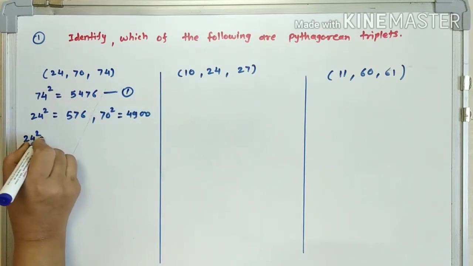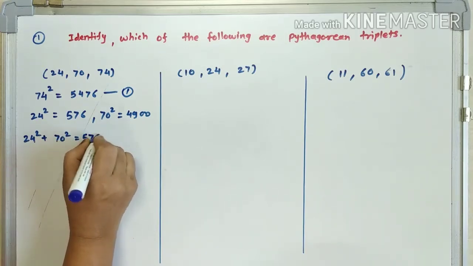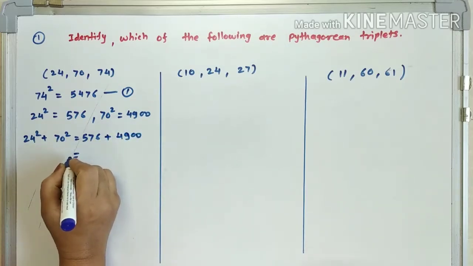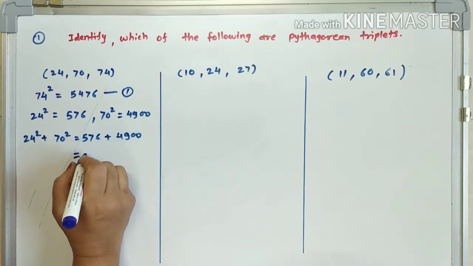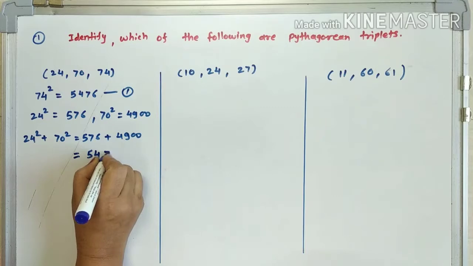Now 24 square plus 70 square equals 576 plus 4900, and if we add these two numbers, we get 5476.